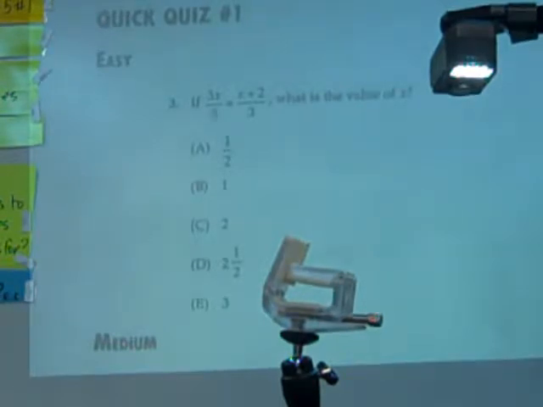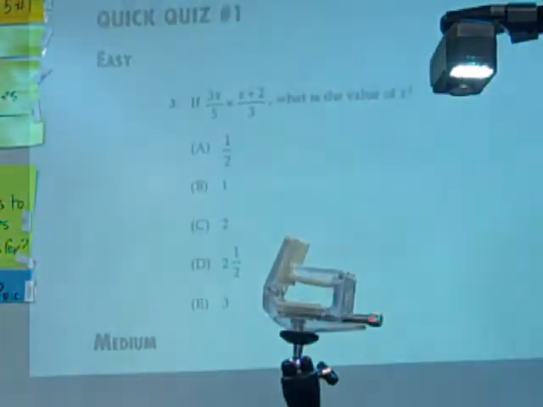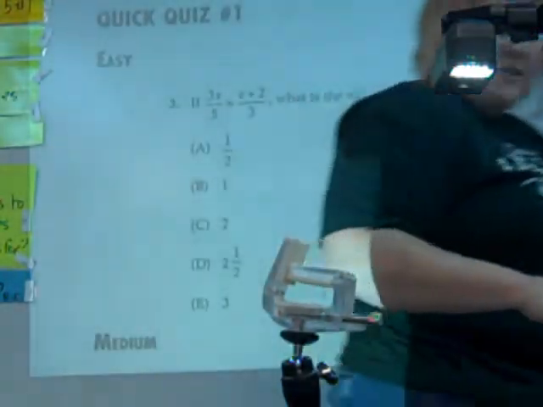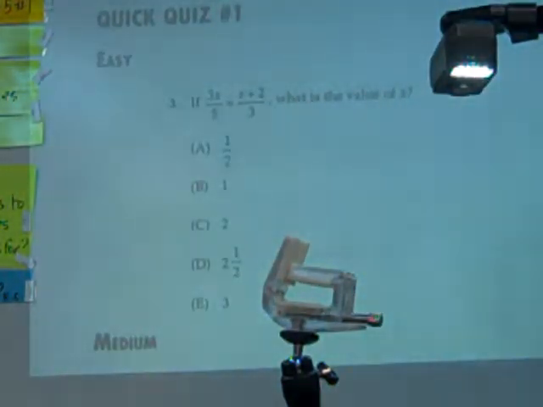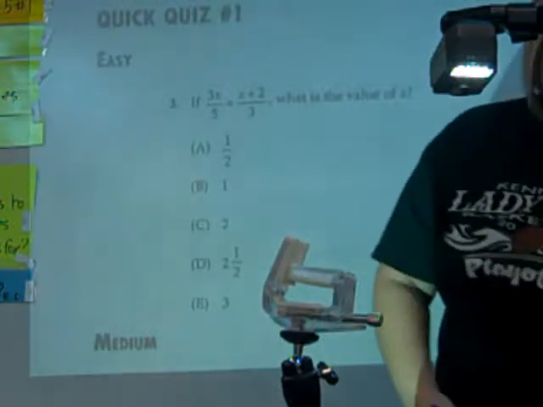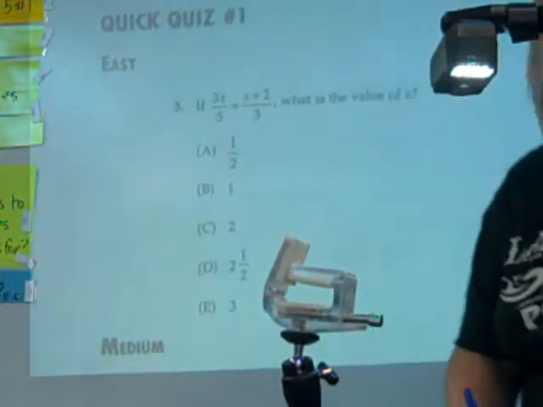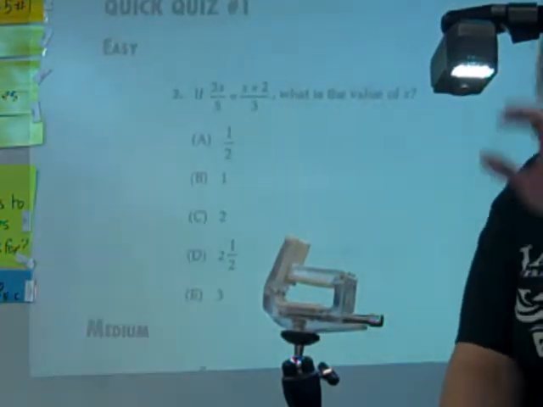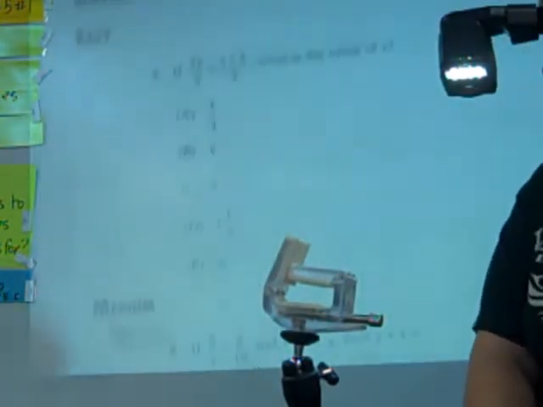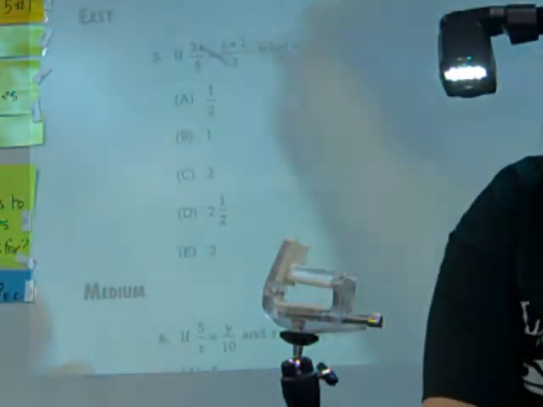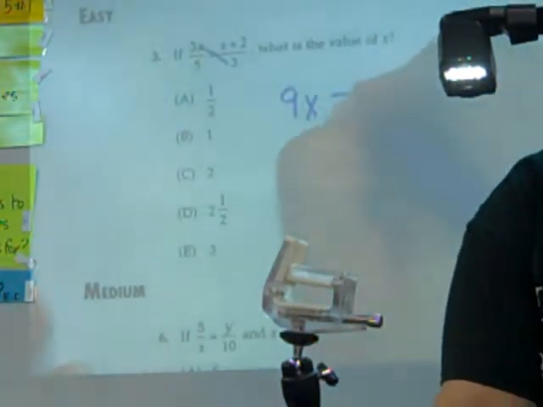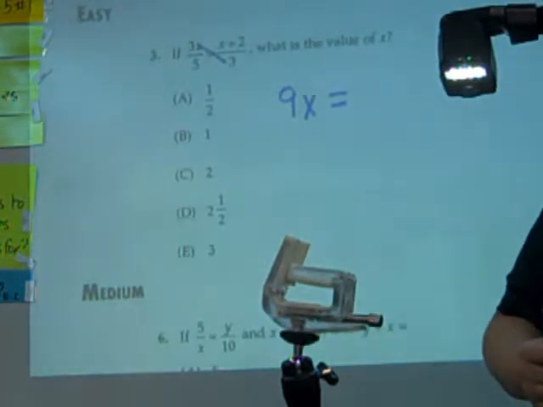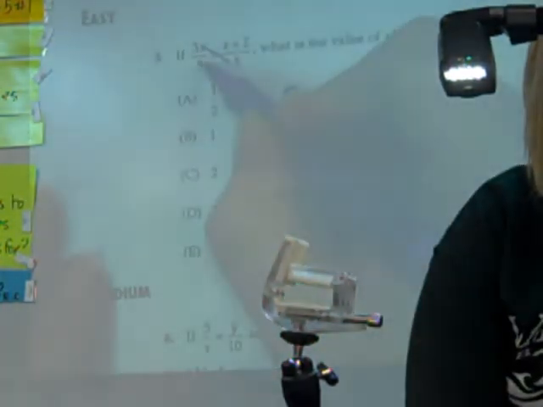Okay, so let's go over these. Alright, so on the first one you should cross multiply, which would give you 9x, or if you do 3x times 3, that will give you 9x. 9x equals, and then Lauren, I heard you say this, got to be sure and distribute whenever you do the other diagonal.